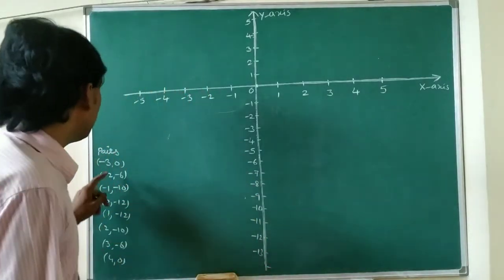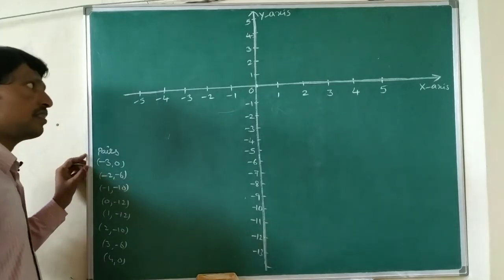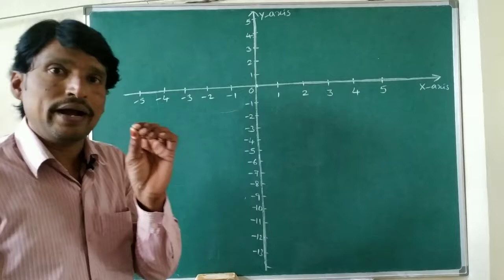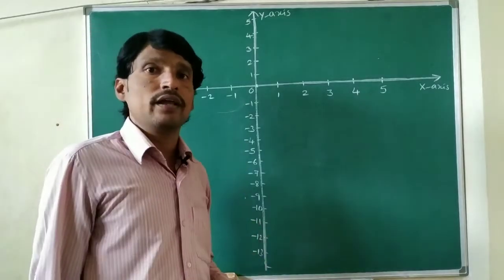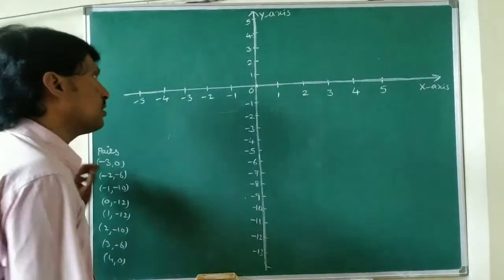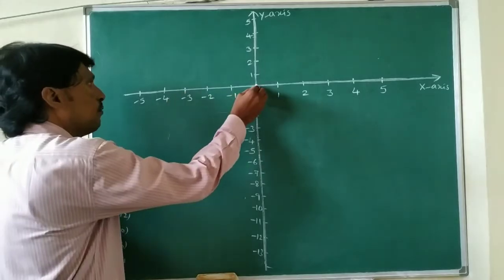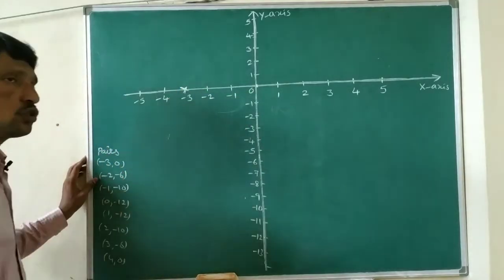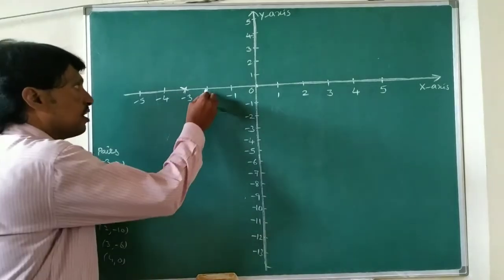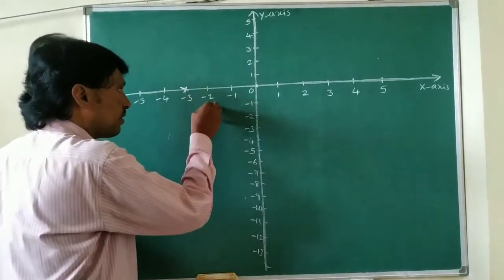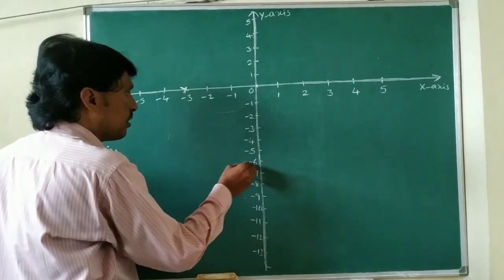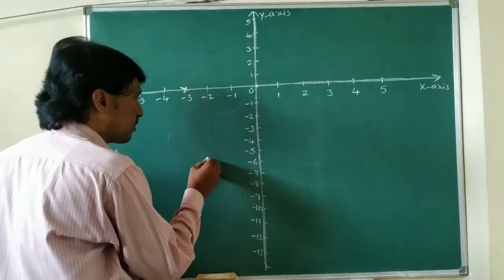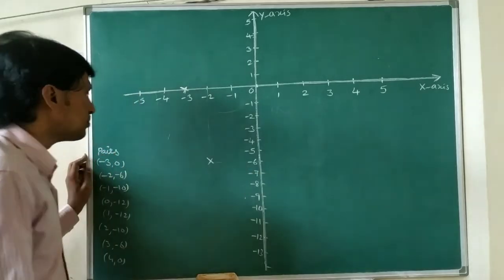So now we can see, the first pair is minus 3, 0. Minus 3 is the x coordinate, 0 is the y coordinate. Means here x is minus 3, y is 0, so we get the point here. Next, minus 2, 6. X coordinate is minus 2, y coordinate is 6. So we can get here.